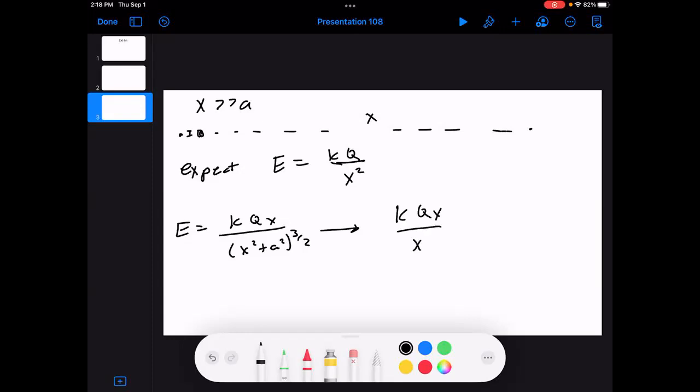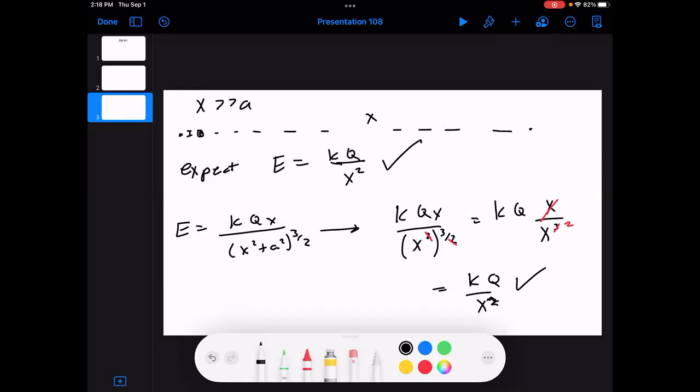And now again, I have the x squared to the 3/2. What am I going to end up with for those exponents? X cubed. And now I have kQx over x cubed. I'm hoping everyone sees that I'm really ending up with a 1 over x squared. And so that is kQ over x squared.